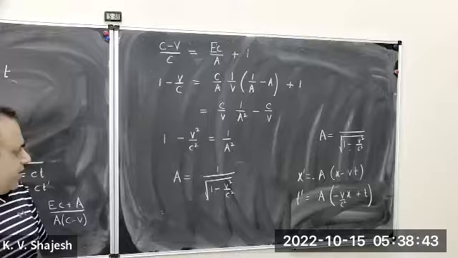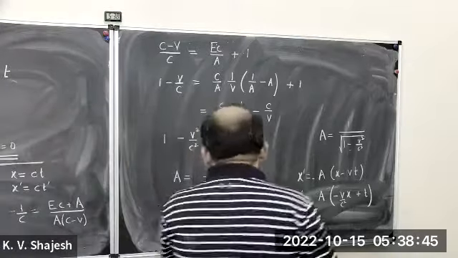Now, if you put V equals C in this, your denominator blows up, so this goes to infinity.